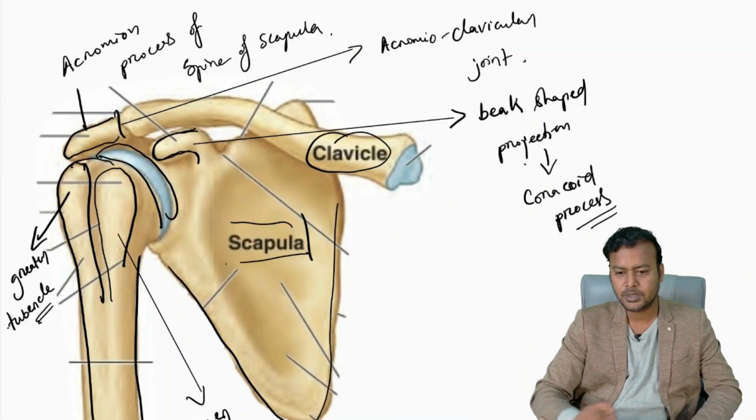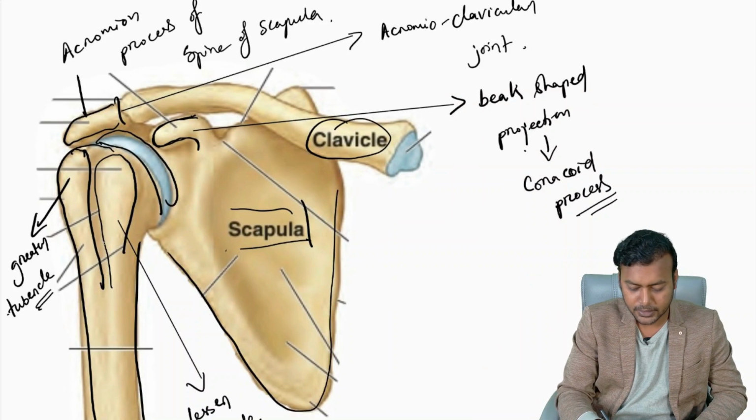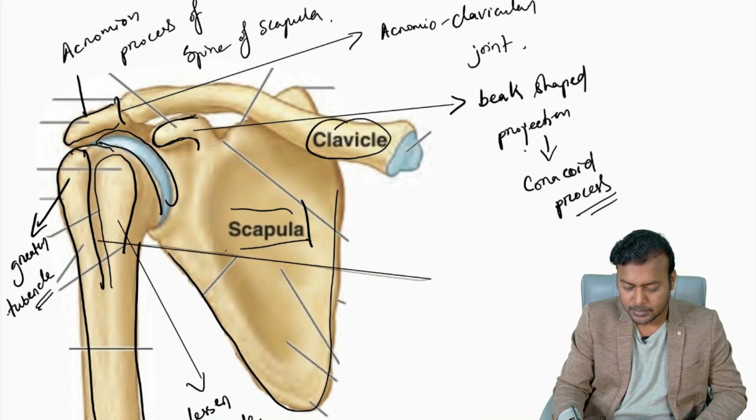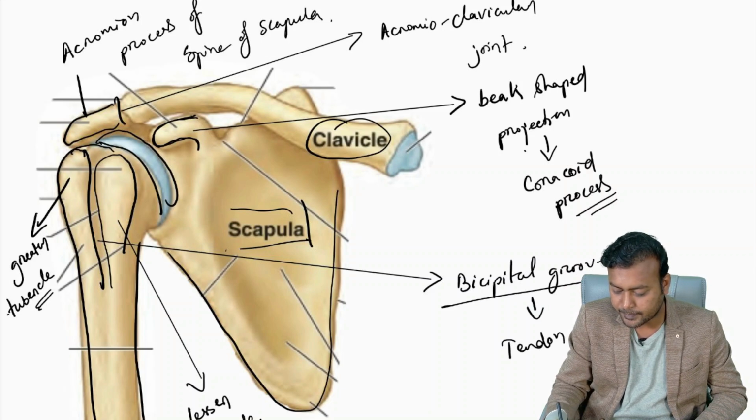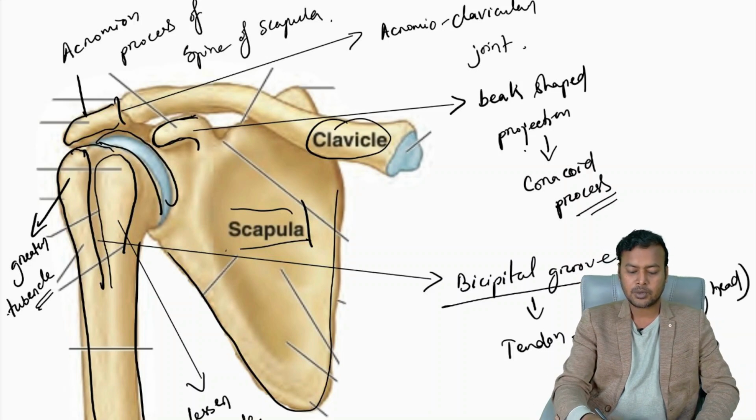And in between these two tubercles, you will find a groove which is known as the bicipital groove. This bicipital groove allows the passage for the tendon of what? The biceps, long head. The tendon of the long head of biceps is going to pass through this groove in between the greater and the lesser tubercles.